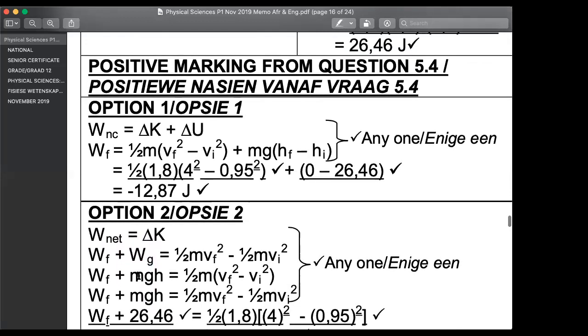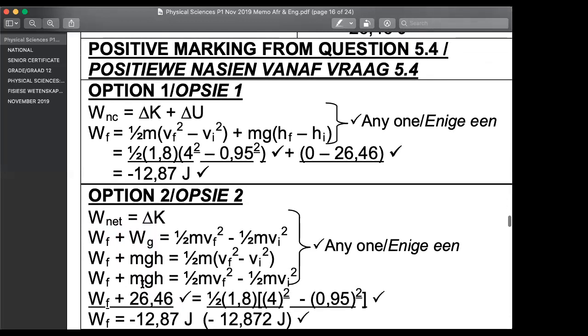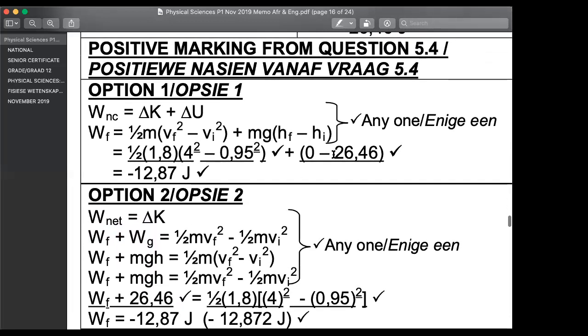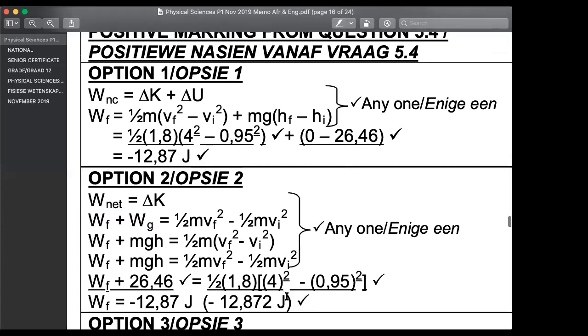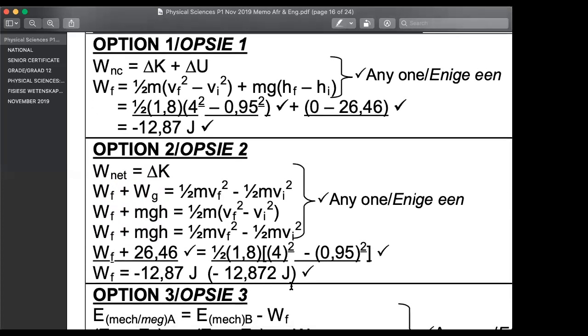Plus your gravitational force work will be 26,46 because we worked that out in the sum before, is equal to a half, final velocity 4 squared, and initial velocity 0,95 squared. If you work it out this way, your work done by friction will be 12,87 joules.